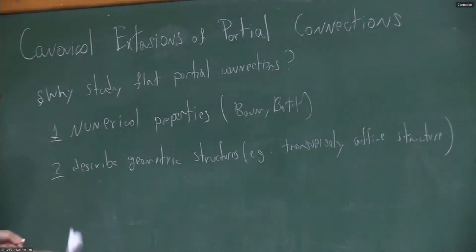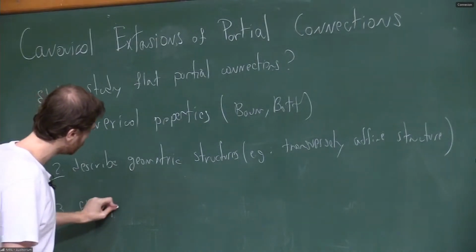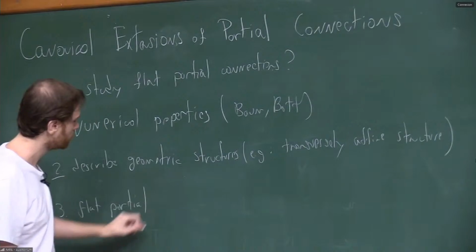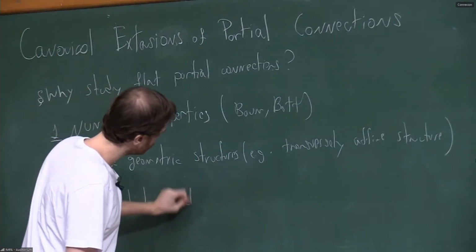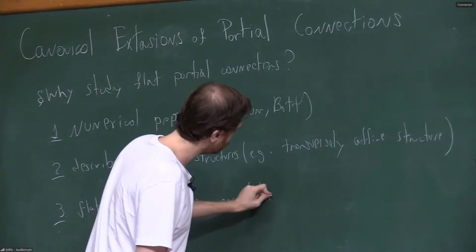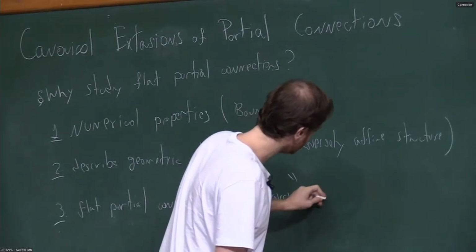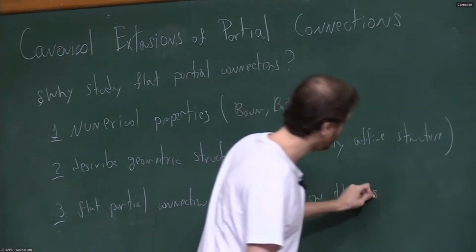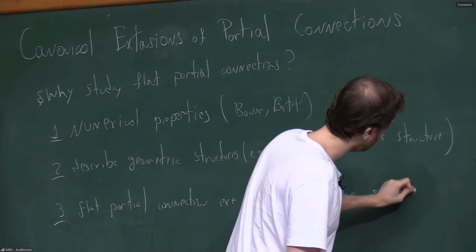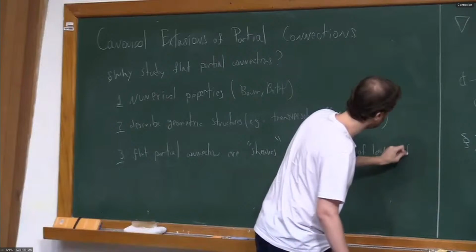And a third reason is that, in some sense, flat partial connections are sheaves on the space of leaves of the foliation.